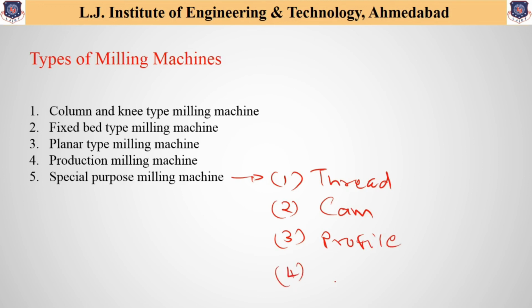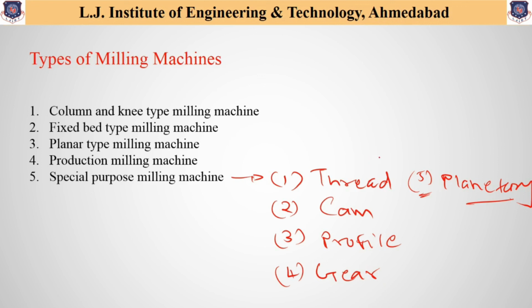Fourth one is the gear milling machine. And fifth one, that is the planetary milling machine.